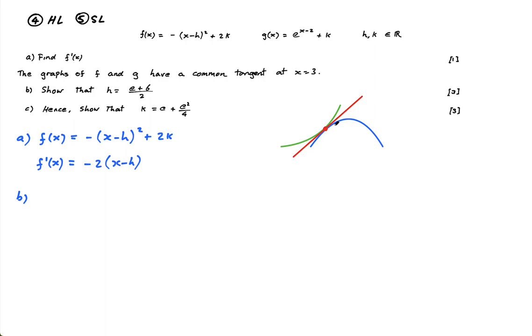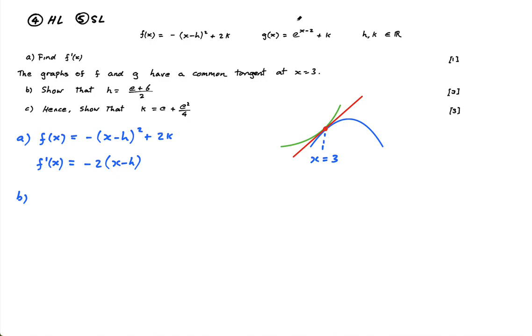Then, what can you say if they have a common tangent at this point? And this point, by the way, guys, is at x equals 3. So there's two things we can say here. The curves intersect, which means when x is 3, f of x equals g of x.